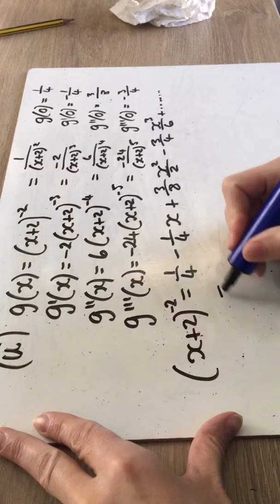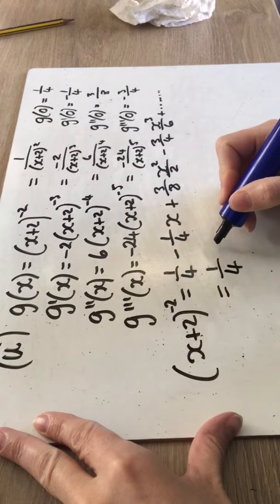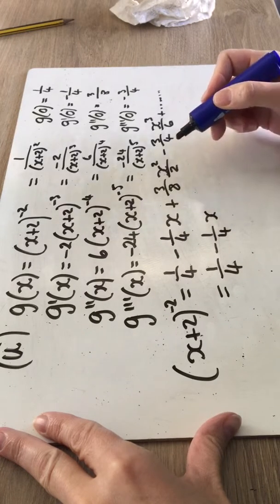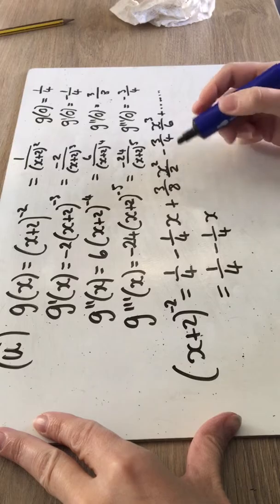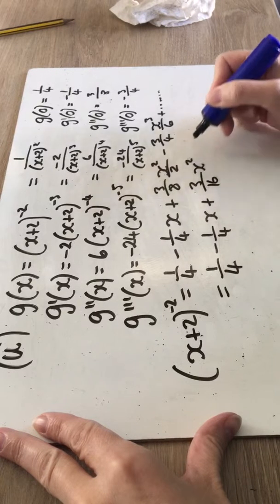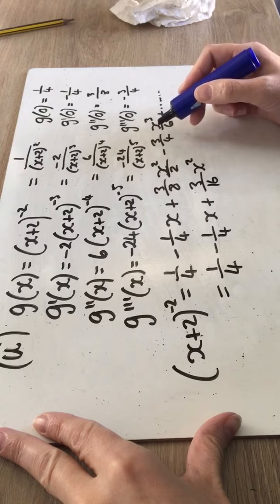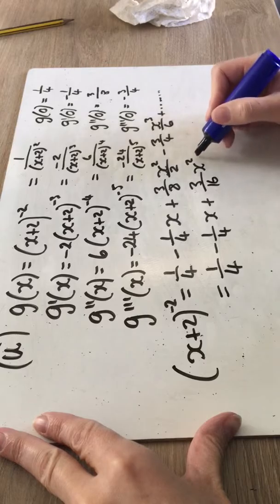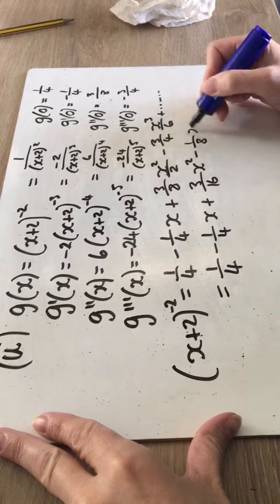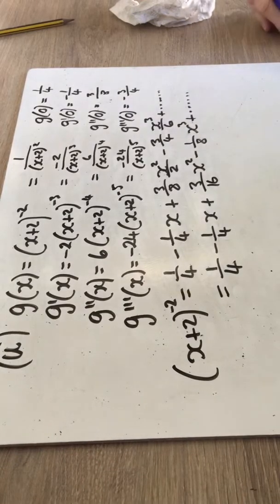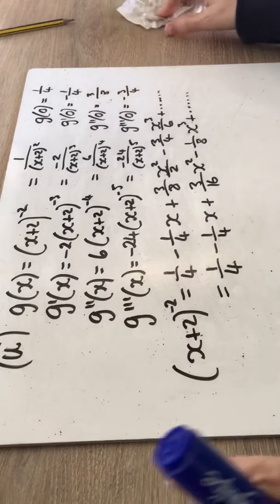So we just need to simplify it. A quarter minus a quarter x, then 3/16 x squared, and we're going to have 3/24 there, which would simplify to minus 1/8 x cubed plus dot dot dot. So that's the expansion for x plus 2 to the negative 2.